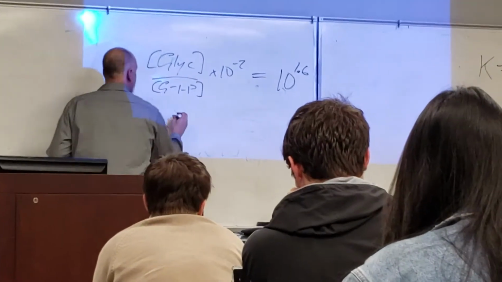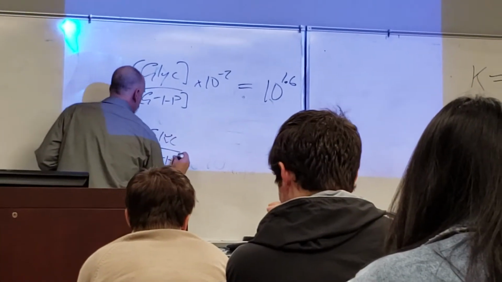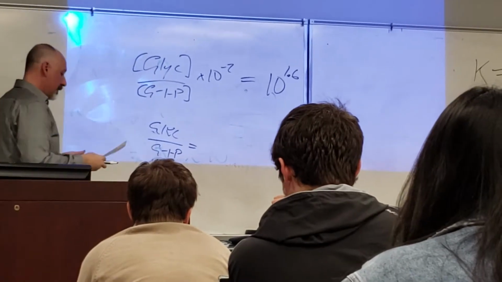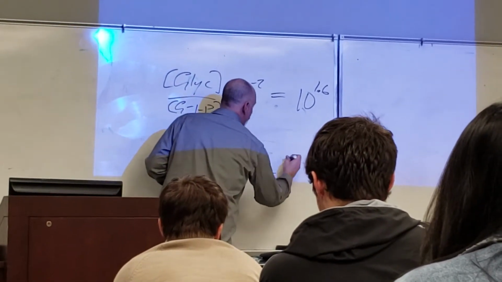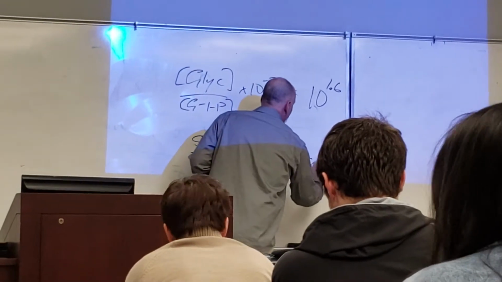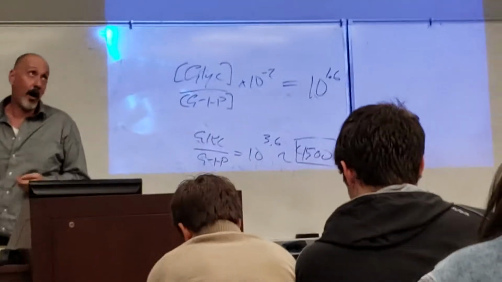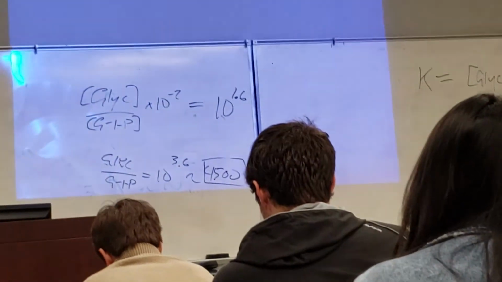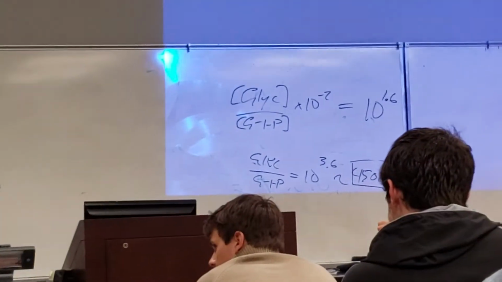So what's glycerol over G1P then? 10 to the 3.6, which is about 4,500. Definitely to the right still, but not nearly as much as the previous one.